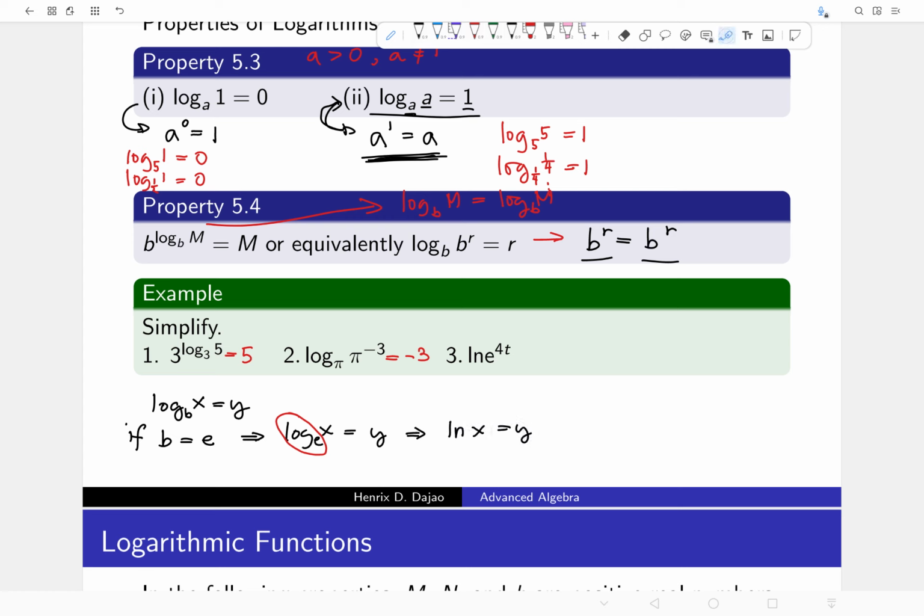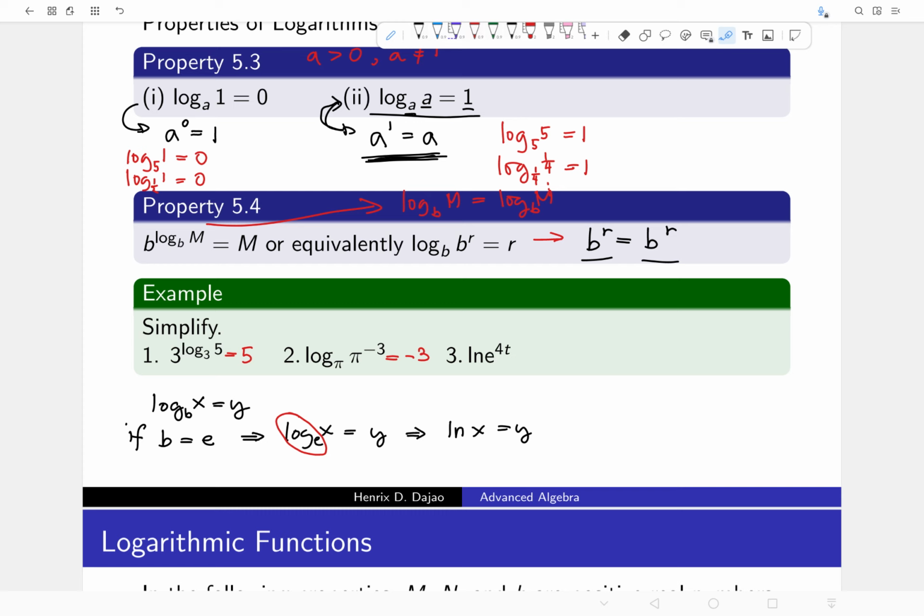So if you see this expression, this function ln, it means that the base is automatically e. All right.